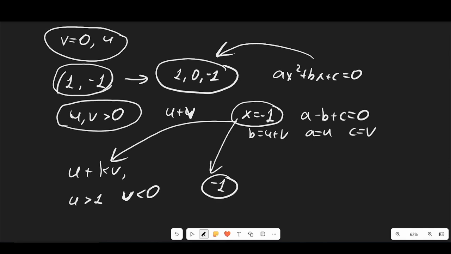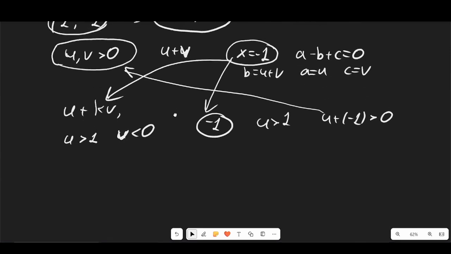Negative 1 can also be written on the board, and because u is greater than 1, u plus negative 1 will be a positive number. And now we get back to the previous case where we have two positive numbers written on the board, and if we apply the same argument, we get that we can generate every integer.